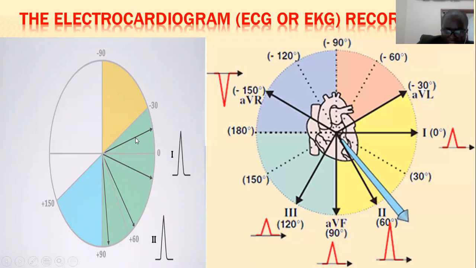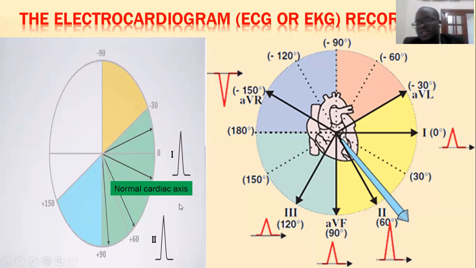So any vector in this sector whereby lead 1 is positive and lead 2 is also positive is called a normal cardiac axis, or the normal axis. So any vector found within this part of the circle where lead 1 is positive and lead 2 is positive is referred to as normal cardiac axis.